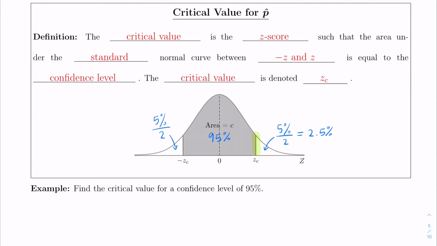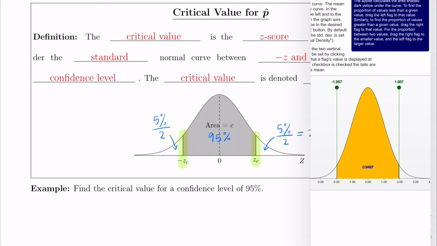And so keep in mind the z-score. It's the value on the standard normal curve that has 95% of the data between the positive and negative versions of that value. If I look at the curve, this applet, I've already set it up to have 95% of the data in the middle, so this is as close as I could get, 0.9497.